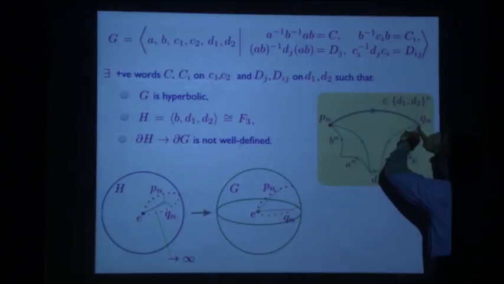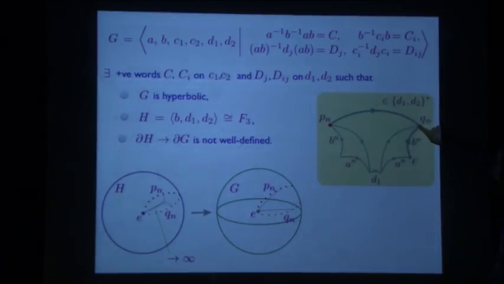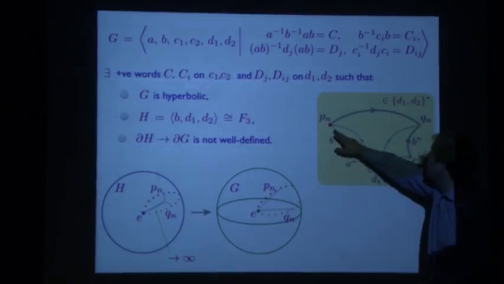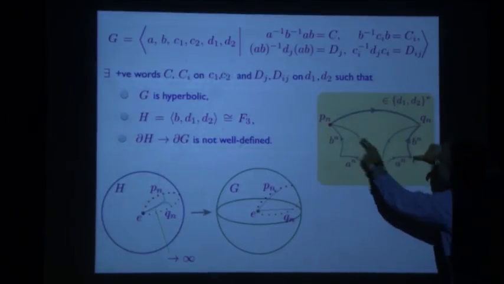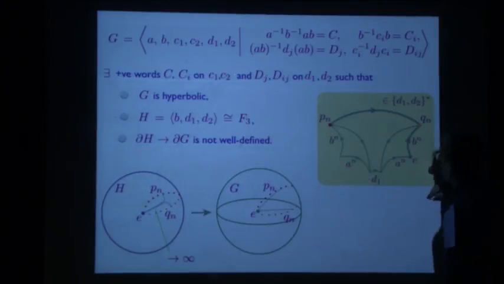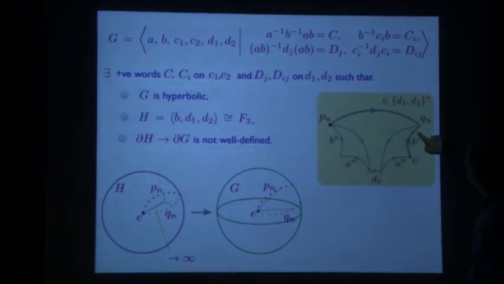You go out to Qn, and the other one continues along here to Pn. So they fellow travel for a distance n along this b to the n, which tends to infinity as n goes to infinity. But if you're in the ambient group G, the geodesics from E to Pn and Qn go, well, this one to Qn you go along here, but to Pn you go this way. So they immediately diverge, and it turns out this path along the bottom is a geodesic in G. So it goes right through E.